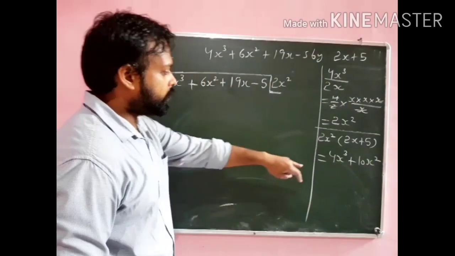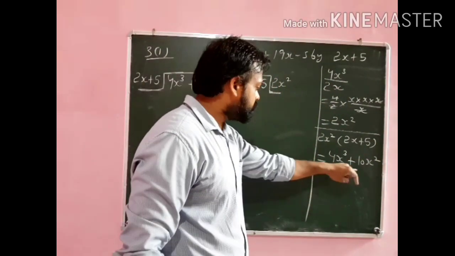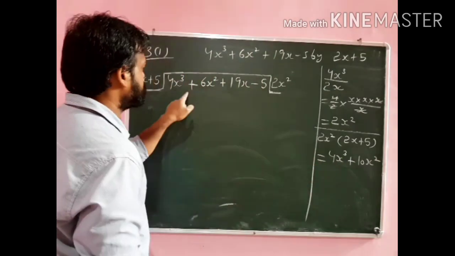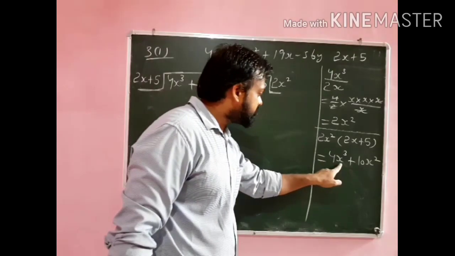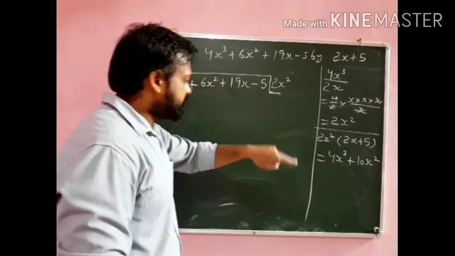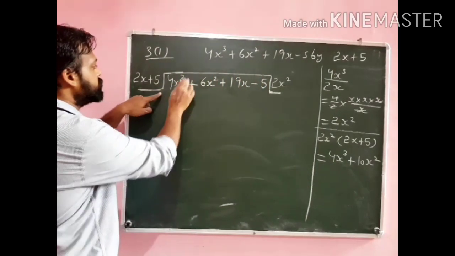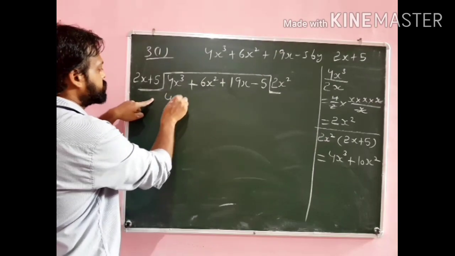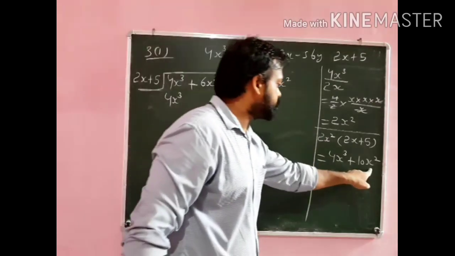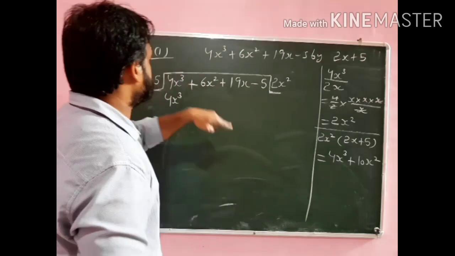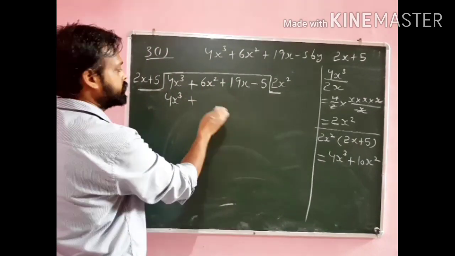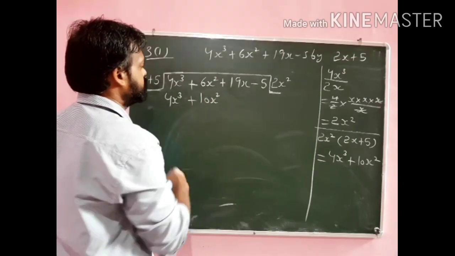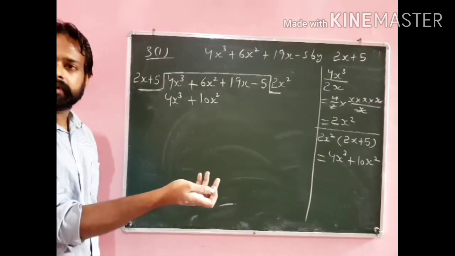Now we got these terms. Write them here, and don't forget to write the x cube term exactly under the x cube, so it becomes 4x cube, and the 10x square exactly under the x square, so it becomes plus 10x square. So we completed our second step.